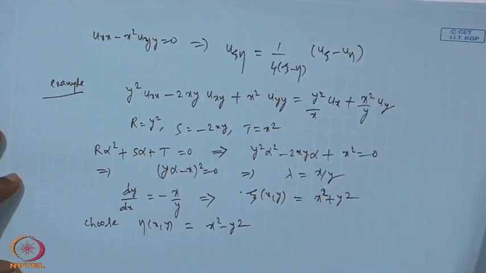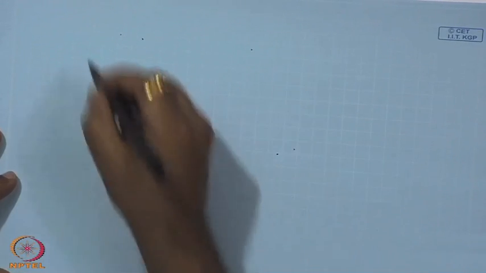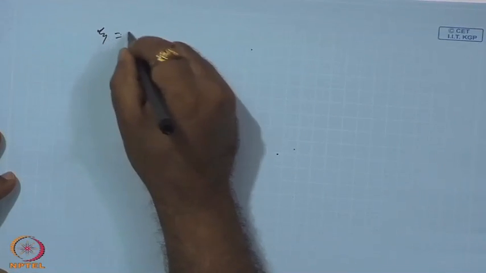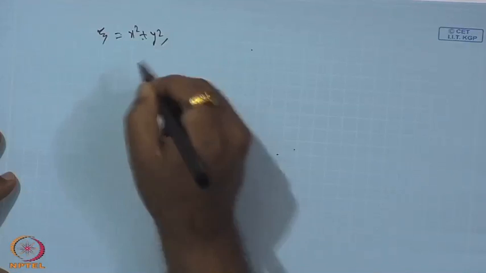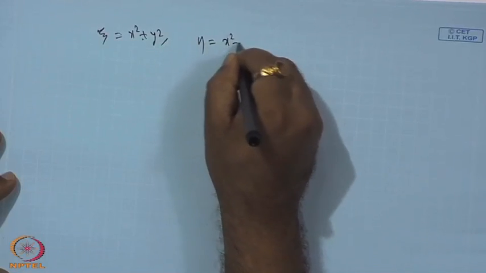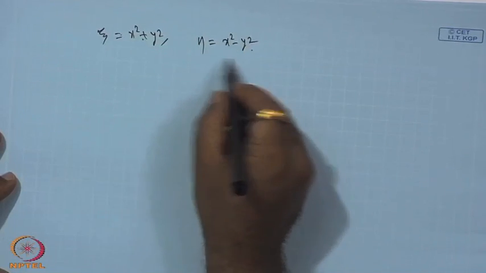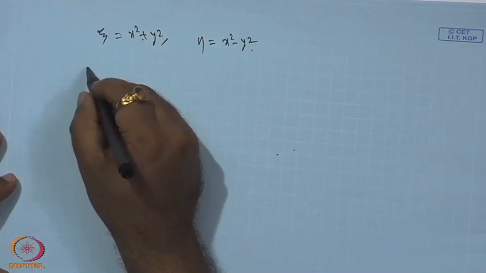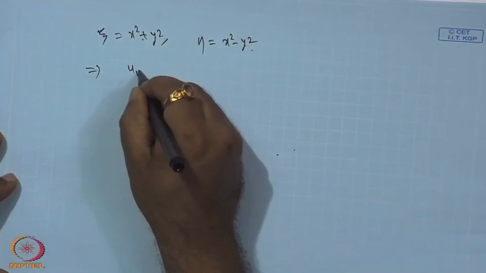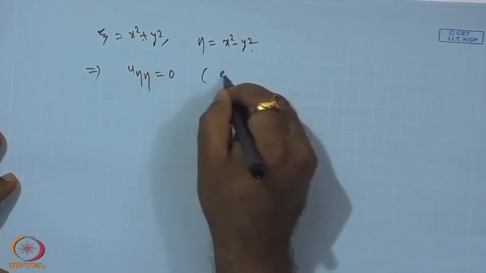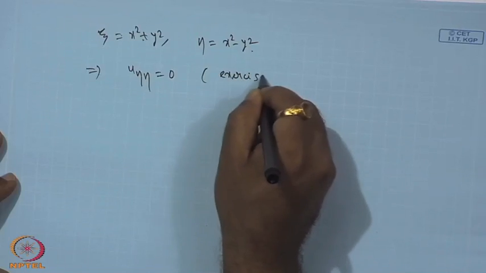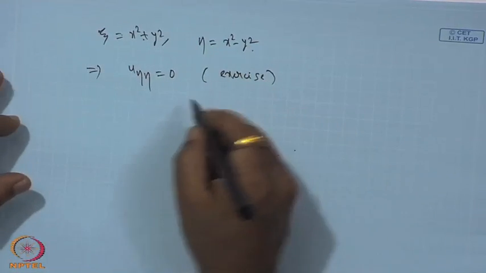Then, if we use zeta this, eta this, then our equation reduces to, so this is exercise please, using chain rule. Then what is the advantage?